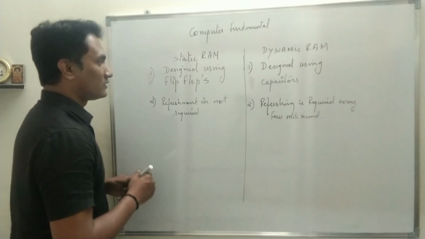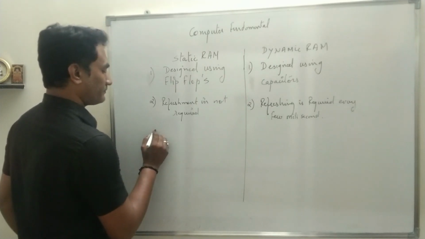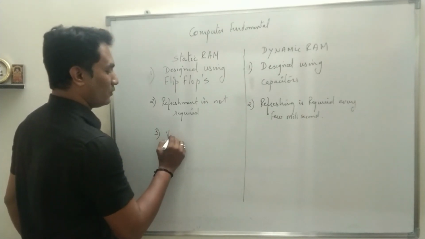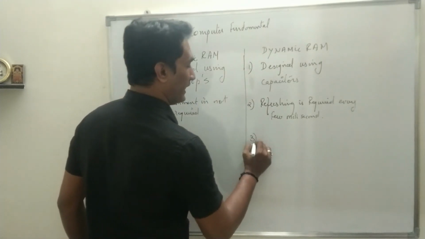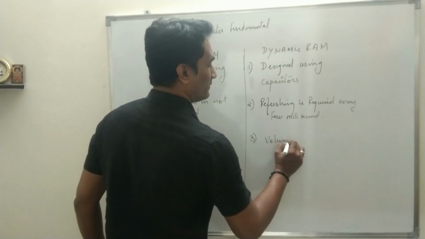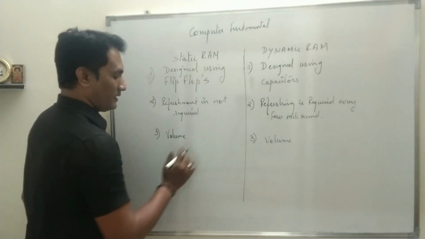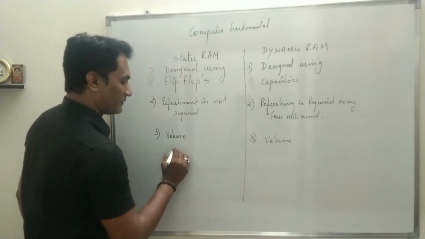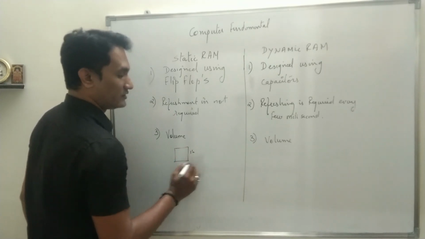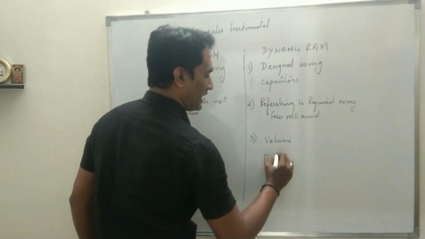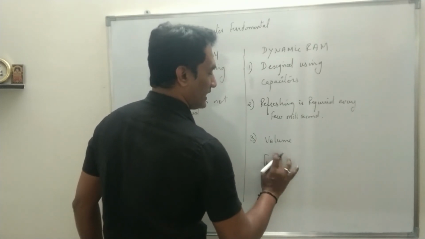Okay, so the third point is volume. I will explain what exactly I mean by volume. Suppose there is a 1 inch by 1 inch chip in both the cases, dynamic RAM as well as static RAM.